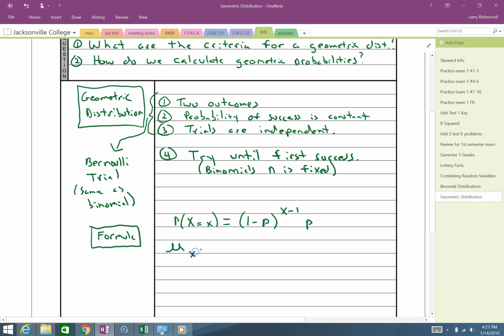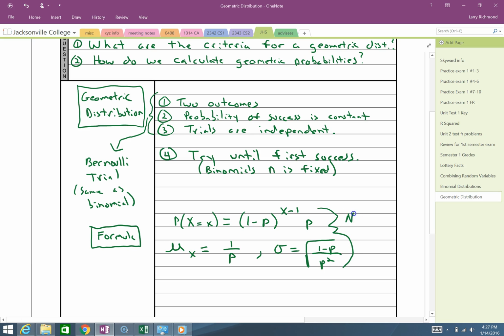The mean or expected value of this geometric distribution will be 1 divided by p. And the standard deviation will be the square root of 1 minus p, that's the complement, over p squared.